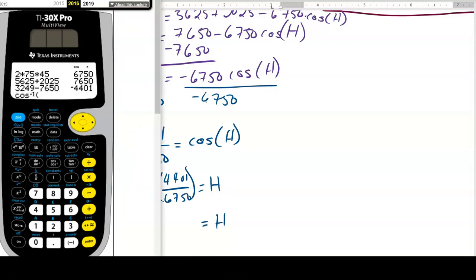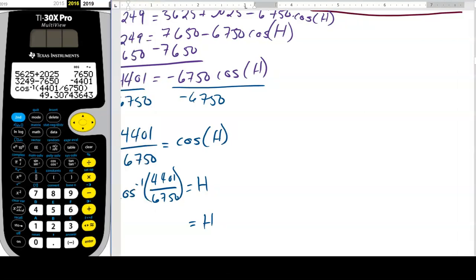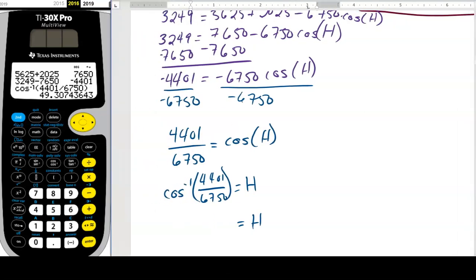Inverse cosine 4,401 divided by 6,750 will equal 49.3074, and that keeps going. To the nearest degree, our angle H will equal 49 degrees.